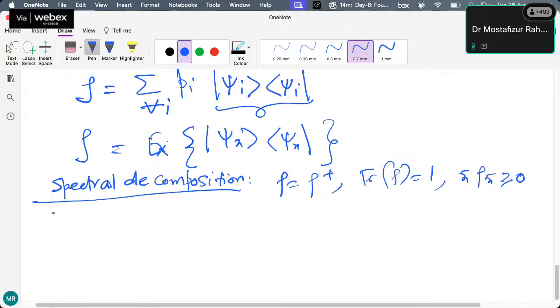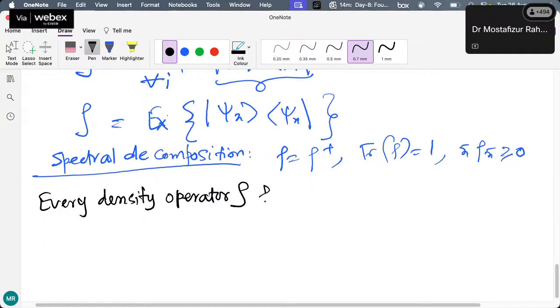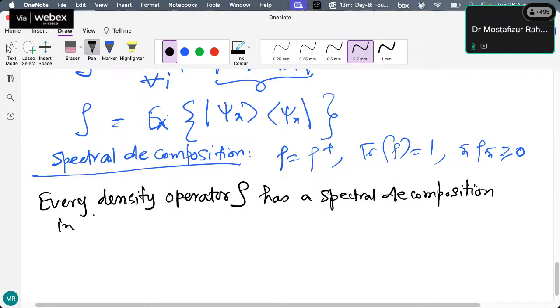Every density operator rho has a spectral decomposition in terms of eigenstates.